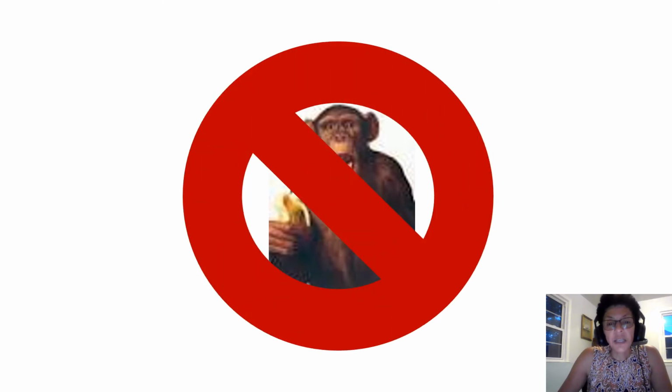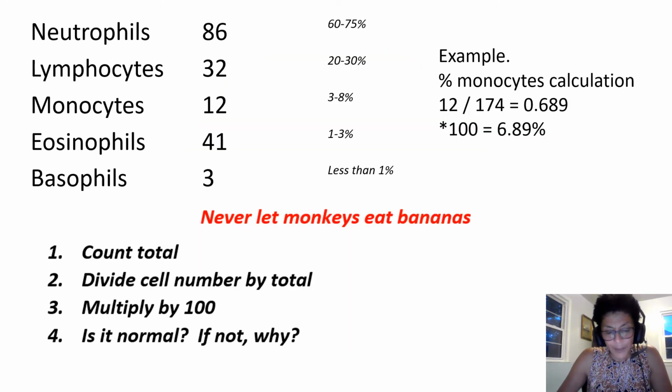Now, not only do we want you to accurately identify each formed element and explain their function, but we also want you to know their numbers. So this is a reminder for me to tell you that you should never let monkeys eat bananas. That's going to make sense in a little bit. Okay.